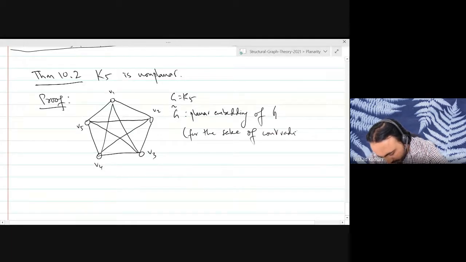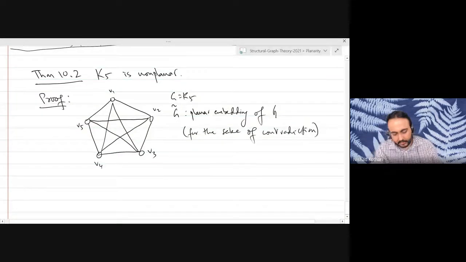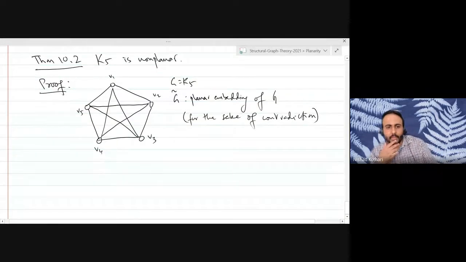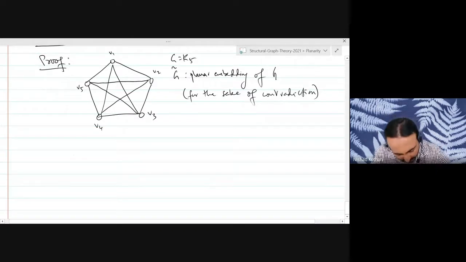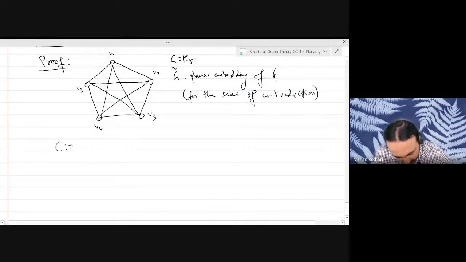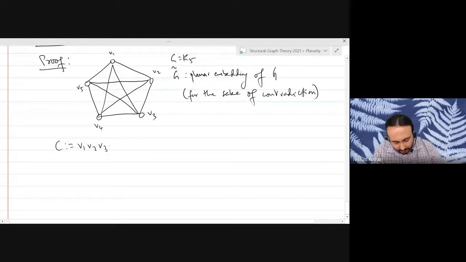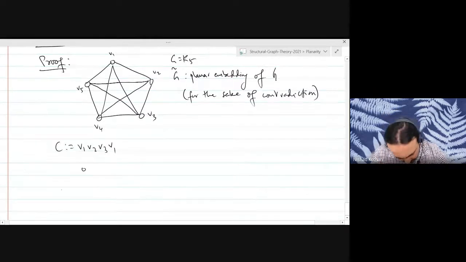Supposing it is a planar graph and you have this planar embedding, in this plane graph G tilde, I want you to look at any three cycle. Let's consider any three cycle V1, V2, V3, back to V1. So I'm looking at this particular cycle, which is a triangle.